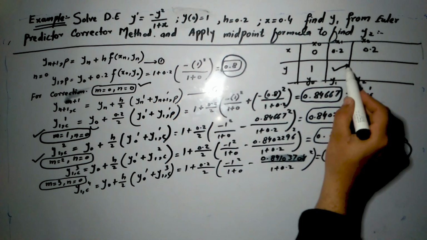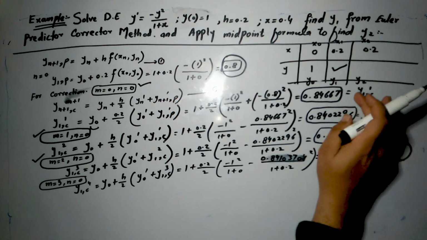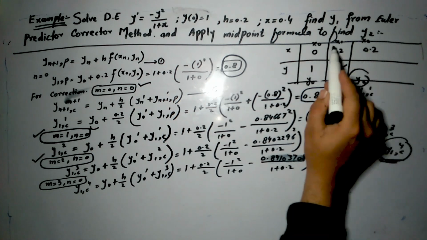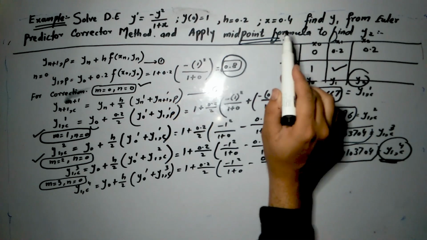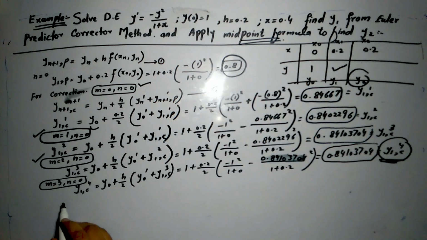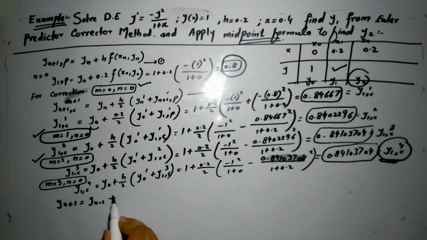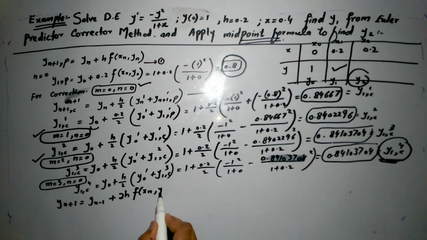So to find y2 by the midpoint formula, we know that the midpoint formula is y of n plus 1 is equal to y of n minus 1 plus 2h f of x n, y n. So this is called the midpoint formula.